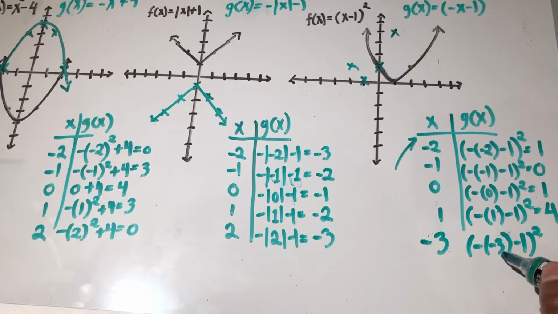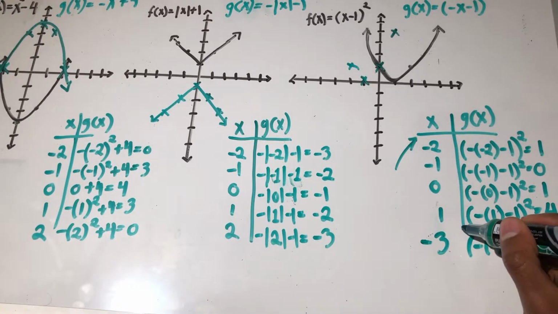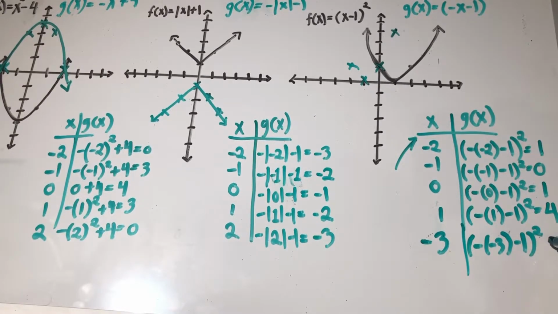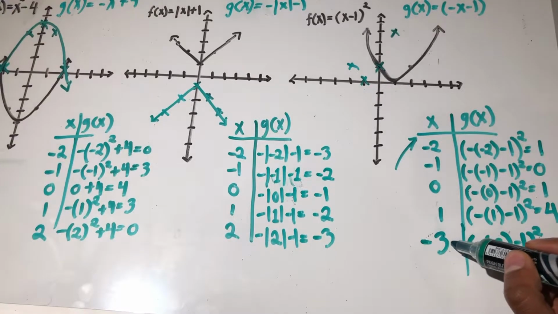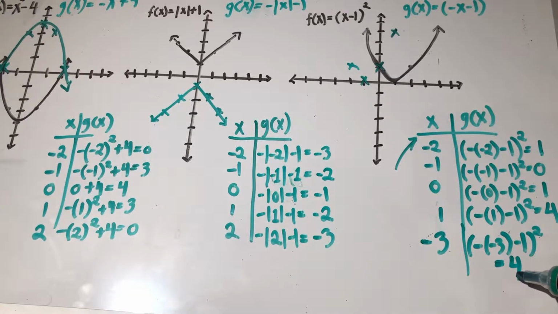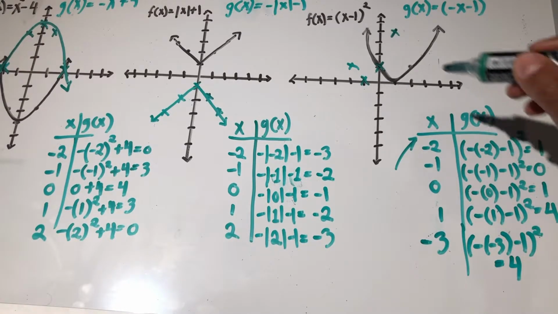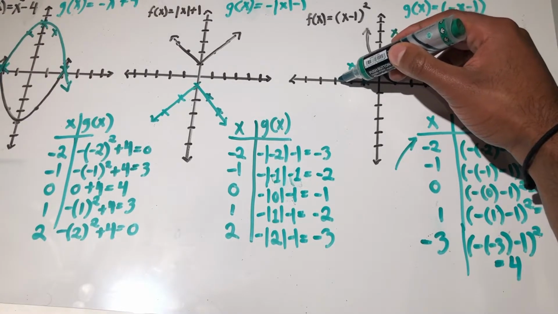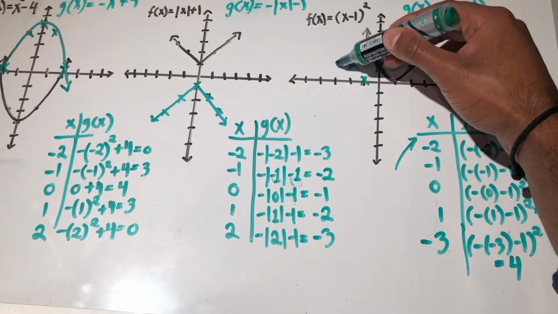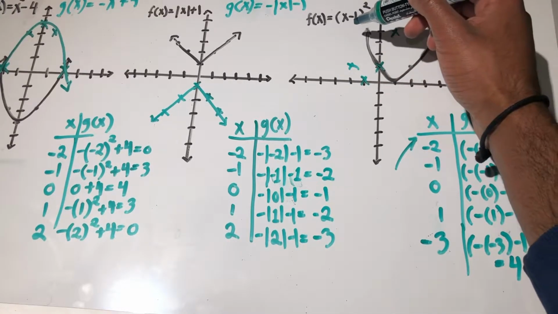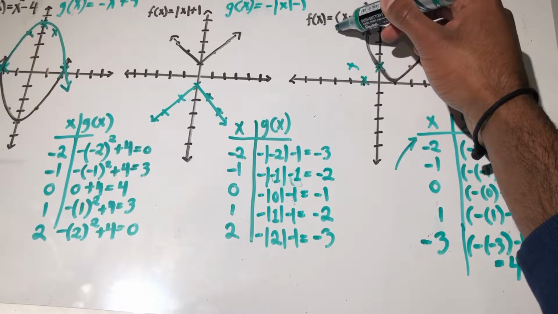Negative times -3 is going to give us +3, and then 3 minus 1 is going to give us 2, and then 2 squared is just 4. So at -3, our y value is going to be 4. So at 1, 2, 3, our y value is going to be 1, 2, 3, and 4. So it's going to be somewhere here.